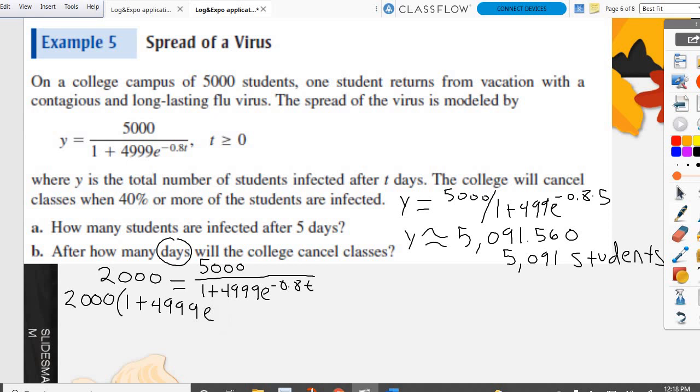Really, really long math equations are actually kind of fun. This is one. Now, notice I have a 2,000 that's being multiplied, so what would we do? You could distribute it, but you're going to get a really big number there. What could we do instead? Just divide it.